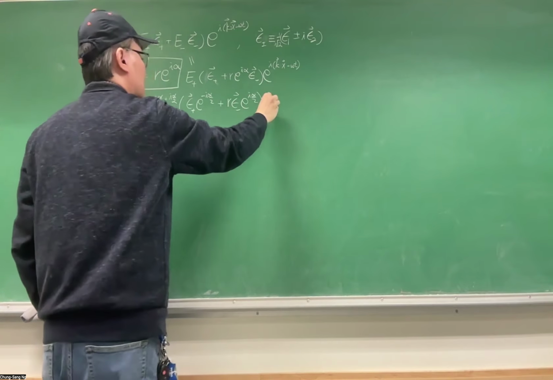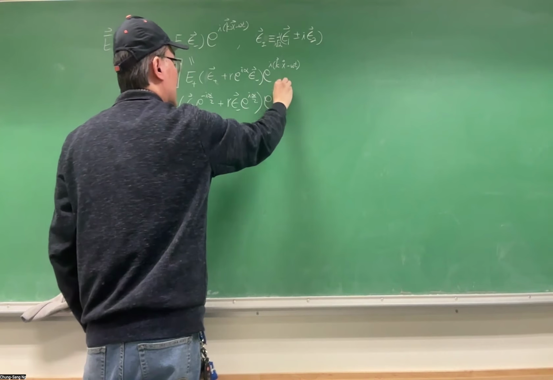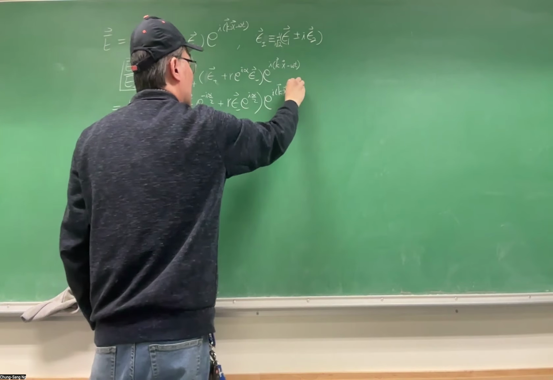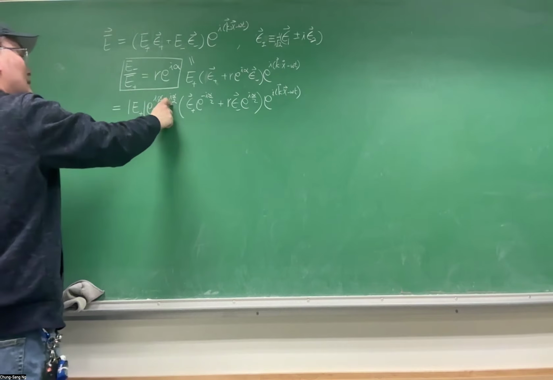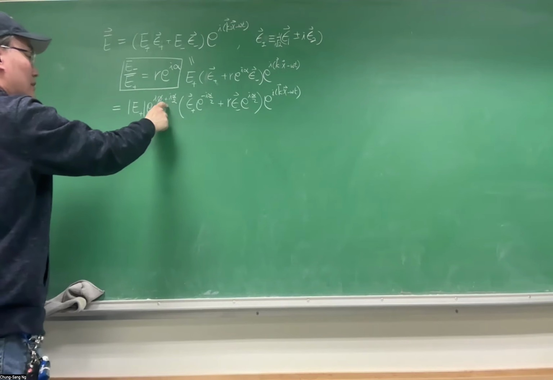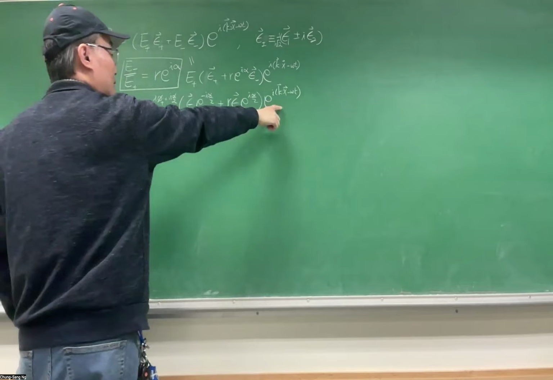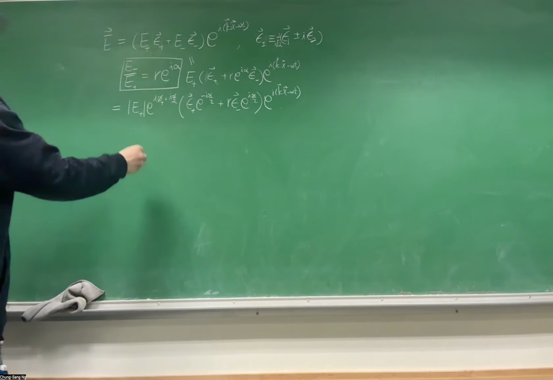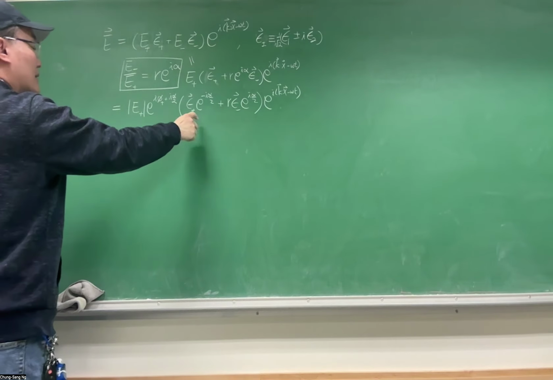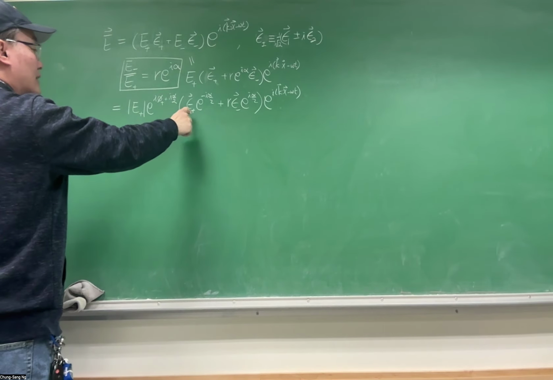And then you have this exponential function. The reason these phases phi plus and the alpha don't matter now is that you combine them with this exponential function, and they are all just phase. So it doesn't matter.